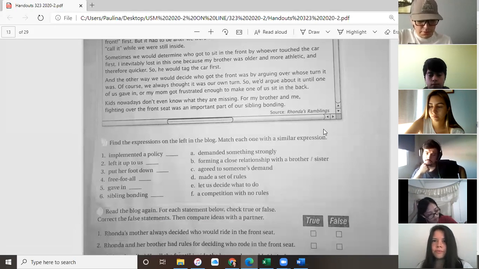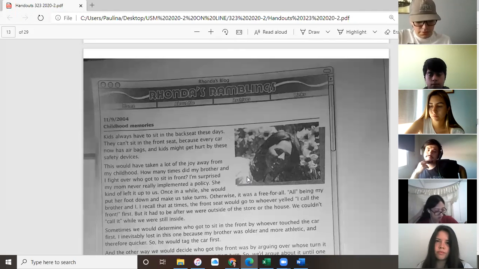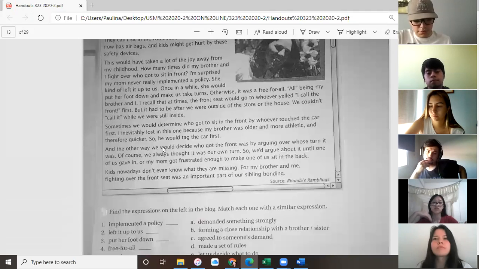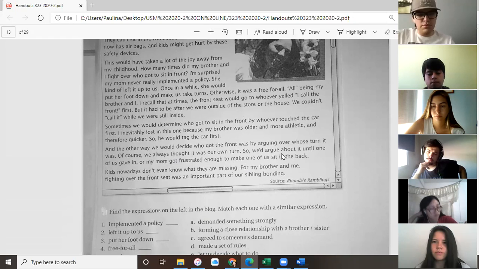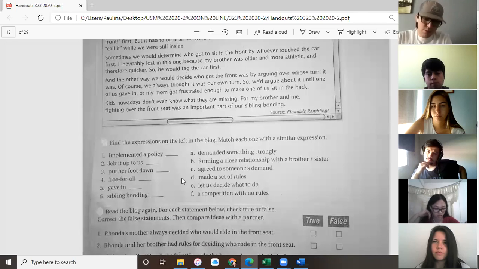So let's see now the vocabulary. In this reading you have basically the use of would. We would decide, and we would argue about it. We would determine.